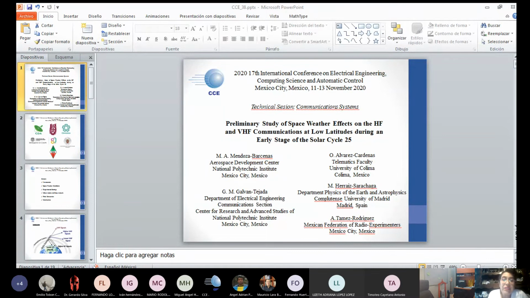The contents of the presentation are organized in this form. First of all, I will present an introduction, then the space weather conditions, some experimental settings, observation and data analysis, a final discussion, and finally the conclusions. Probably many of you know about transmission using the ionosphere layers, and it's very common.